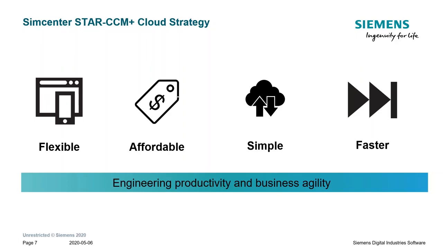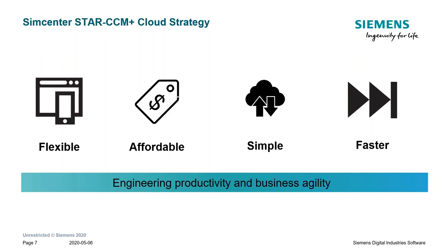Generally, we say that we want to switch from a CapEx approach, where you have a long-term investment in your cluster, towards an OpEx approach, operational expenditure, where basically you only pay for the hardware you need. We want it very simple. That's also fundamental.